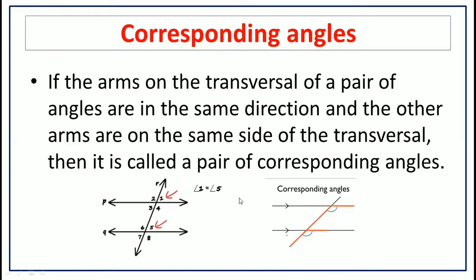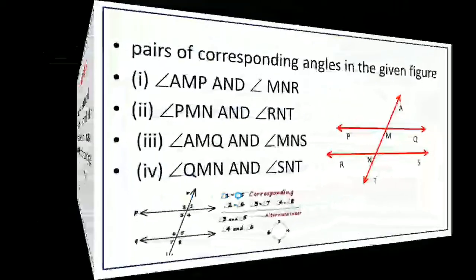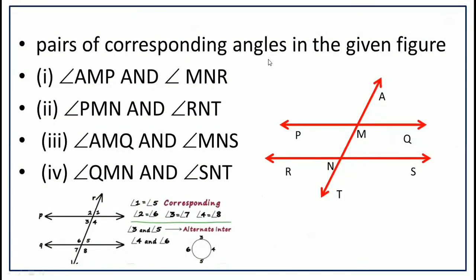Then you learn the different pairs of corresponding angles. Here you see the pairs of corresponding angles in the given figure. This is one figure, and here I give one figure with numbering. AMP is one corresponding angle, and its pair is angle MNR, that is angle 6 here.